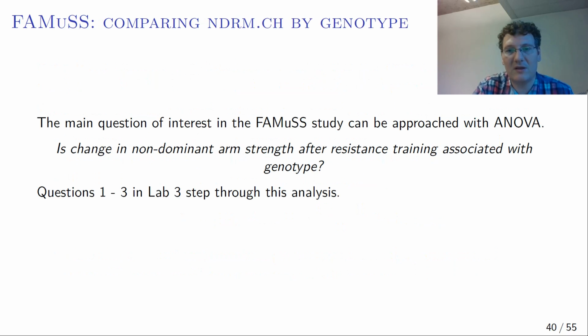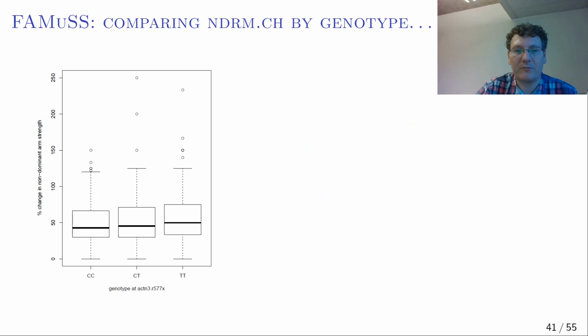So it looks like we'll be exploring ANOVA testing in the lab as well, to compare the non-dominant arm strength change, not by male-female, which is just two groups, but by genotype. When there are multiple genotypes, we can compare to see if there's actually a difference by genotype.